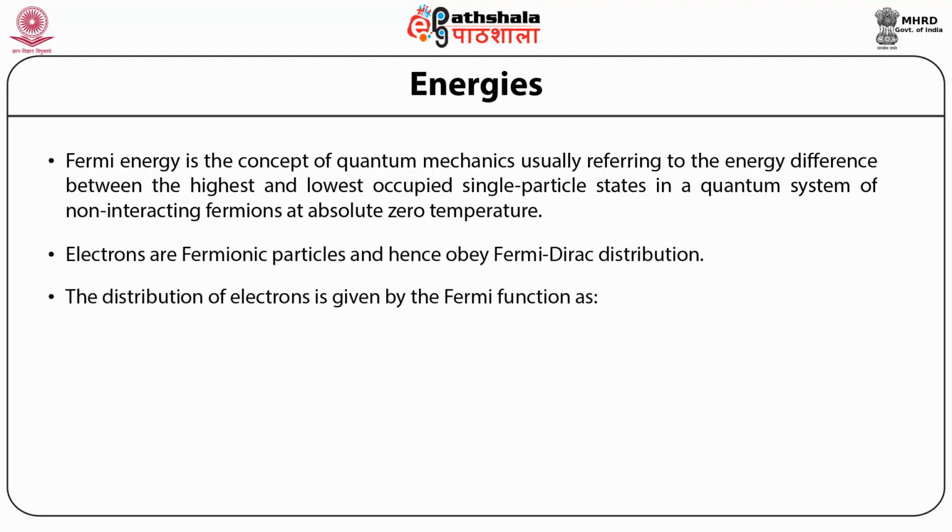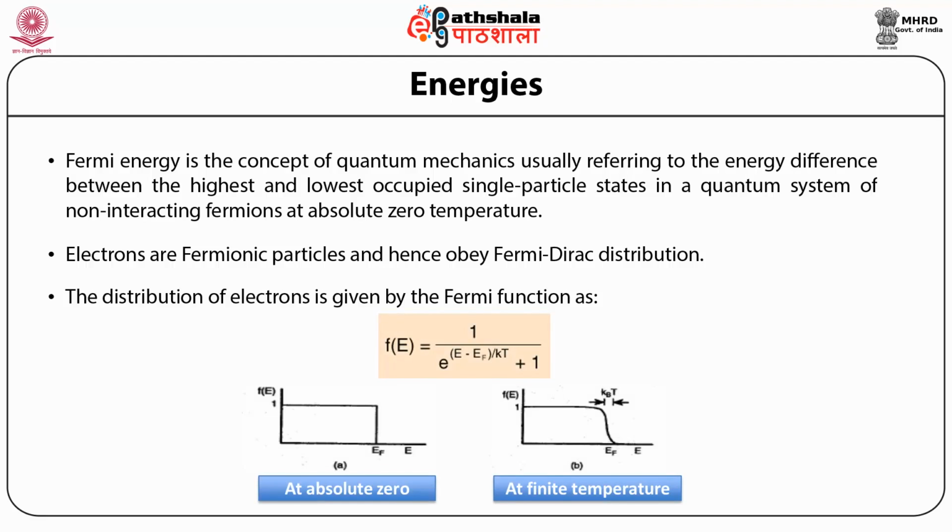The Fermi function gives the probability that a given available electron energy state will be occupied at a given temperature. The Fermi function comes from the Fermi-Dirac statistics and has the form F(E) equal to 1 upon e to the power (E minus EF) by kT plus 1, which we have studied in our BSc classes.